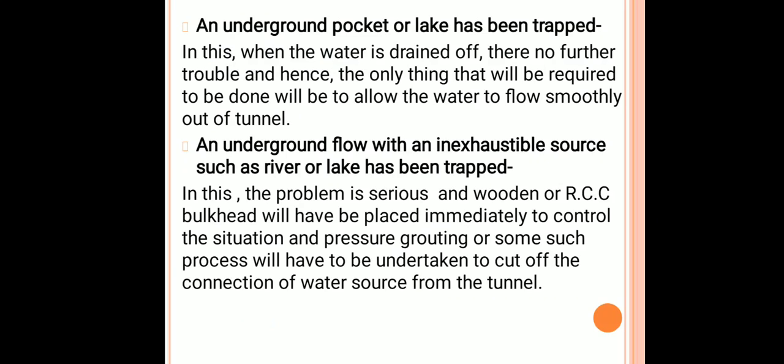In unit number 3 we had a discussion about grouting, and the same technique is used for controlling the water which is introduced at the time of tunnel construction. So by using grouting we can cut off the connection of the water source from the tunnel, and in this there is application of wooden or RCC bulkhead also.